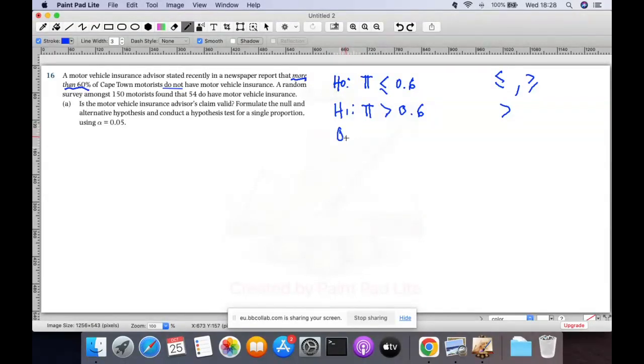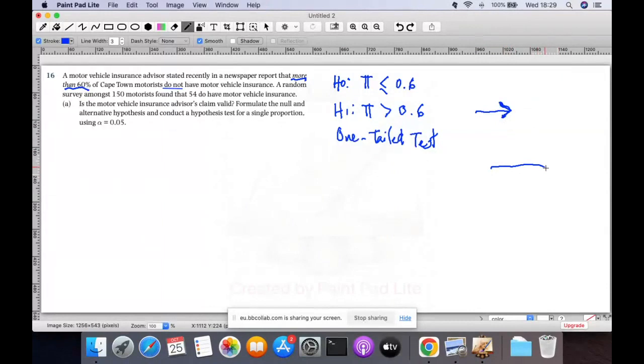This is a one-tailed test. Now you need to identify whether it's an upper or lower tail test. Now this is how I identify it. For me, it just works out really easy, but I leave it to you to figure out what works for you. For me, the symbol in H1, I think of it as an arrowhead. So because I'm talking about greater than, this looks like the head of an arrow. So that points to where the rejection region is.